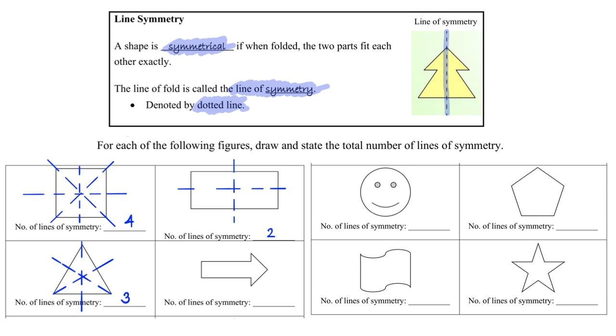And for an arrow, is there a line of symmetry? Yes, there is, right in the middle, horizontally. And there's only 1. The other one is a smiley face. Because of the smiling face, we are able to get 1 line of symmetry.